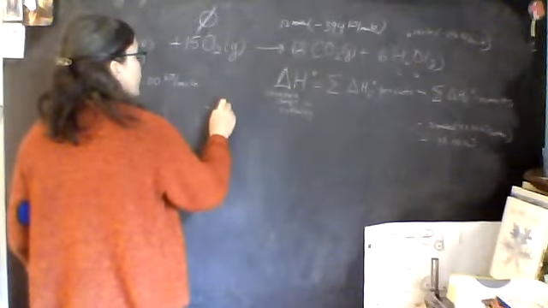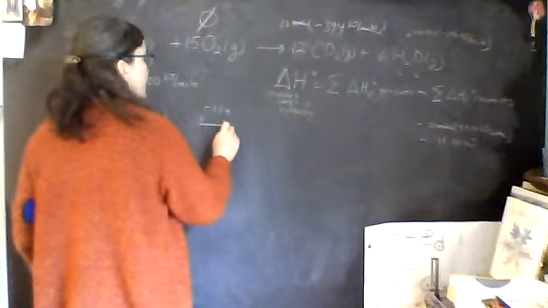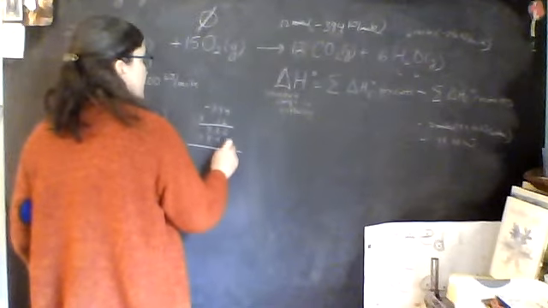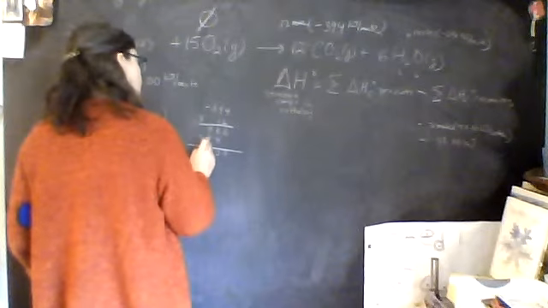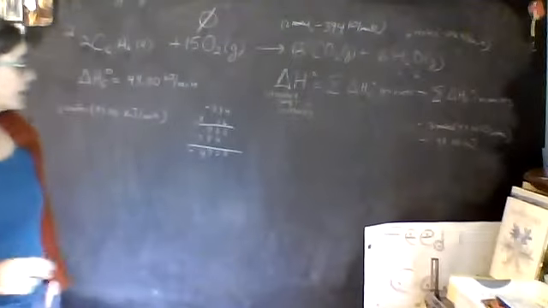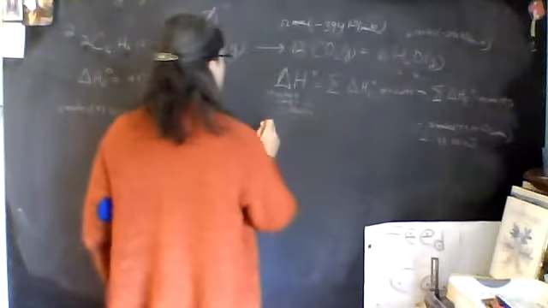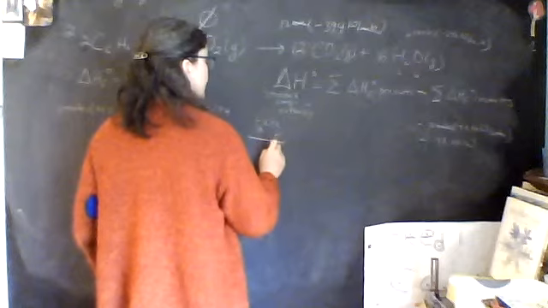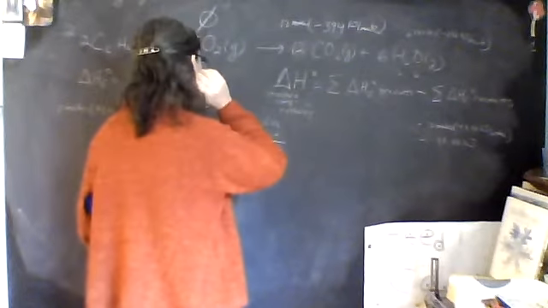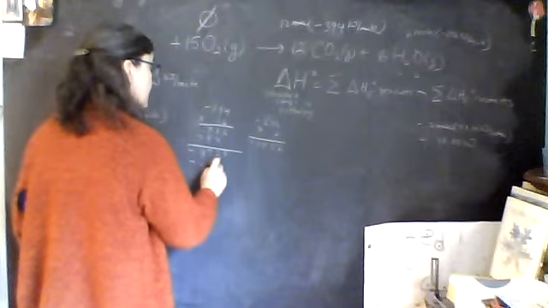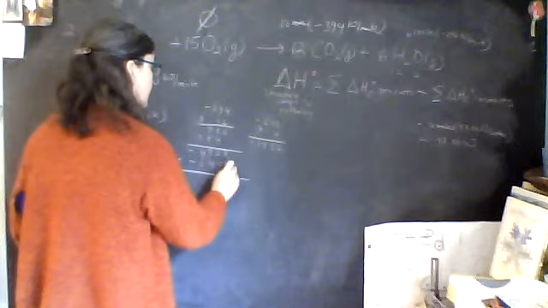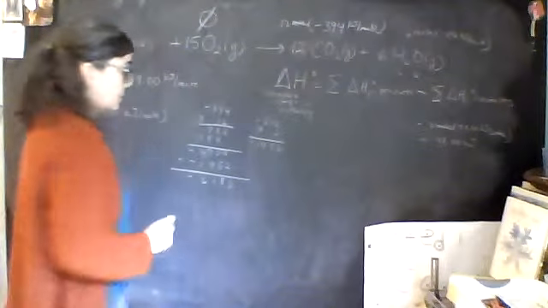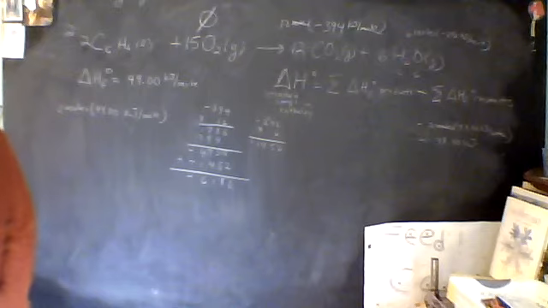Negative 394 times 12 is negative 4,728, and then 242 times 6. Negative 6,180. Is that what you get as well?